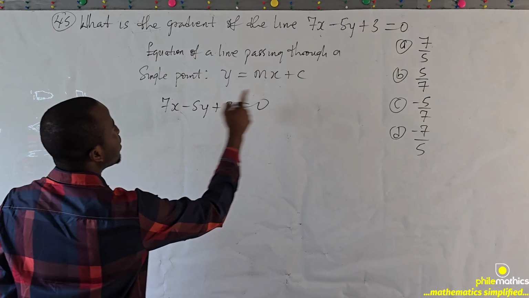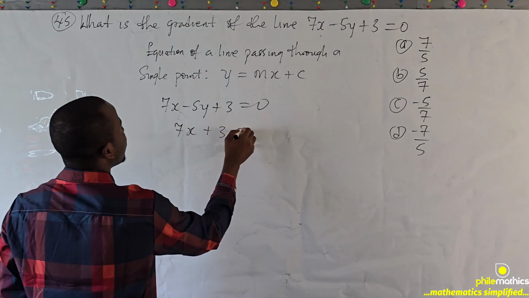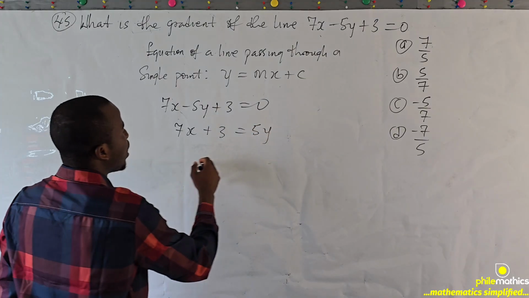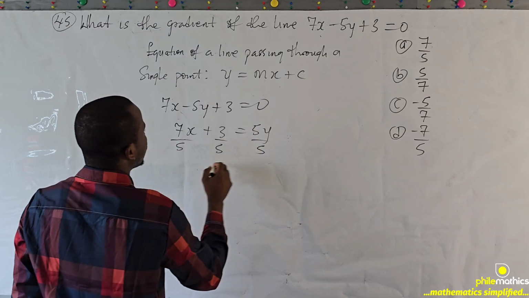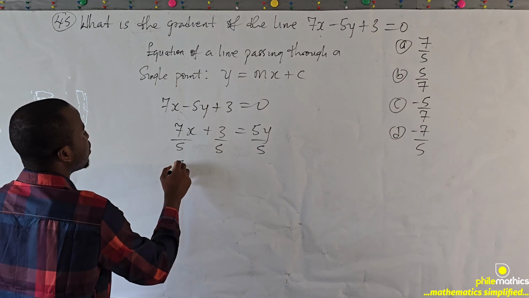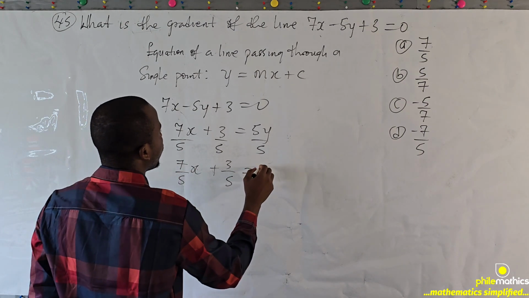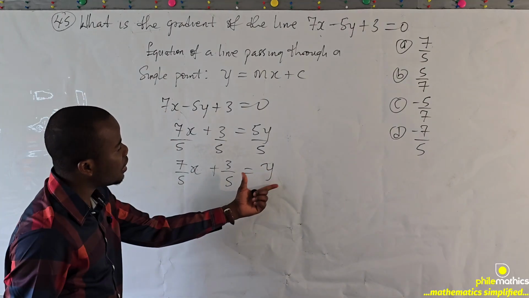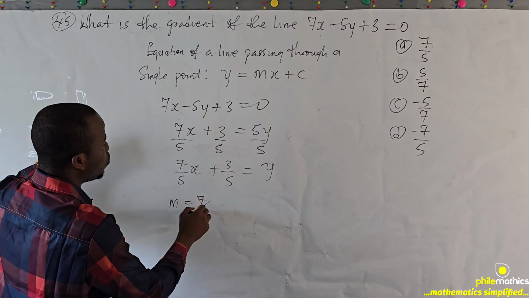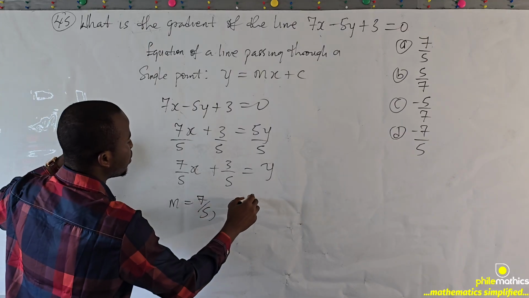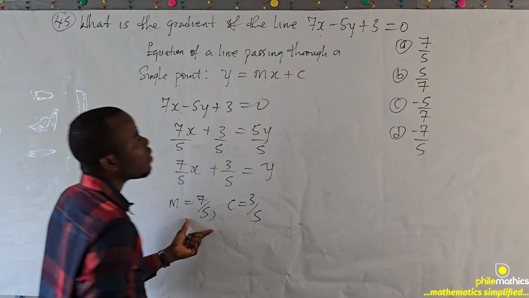If I take this 5y to the right hand side, I'll have 7x plus 3 equals 5y. So I can divide through by 5. And so I have 7 over 5 x plus 3 over 5 equals y. Since it's in this format, my m is simply 7 over 5 and my c is 3 over 5. But we are only interested in the gradient, which is 7 over 5.